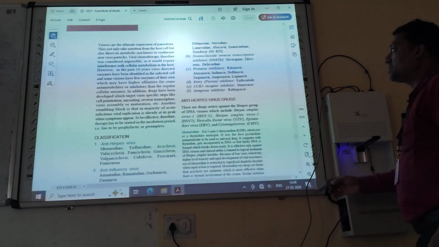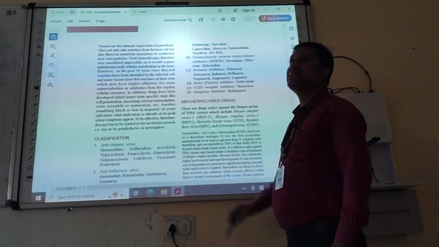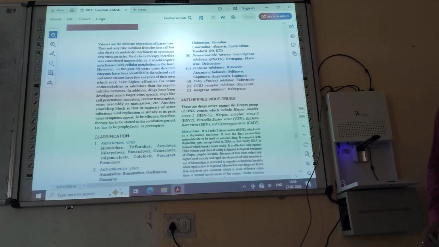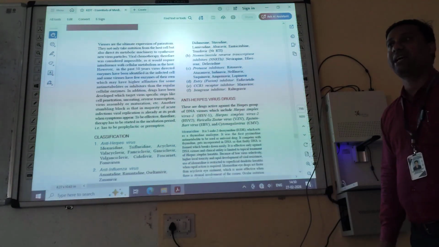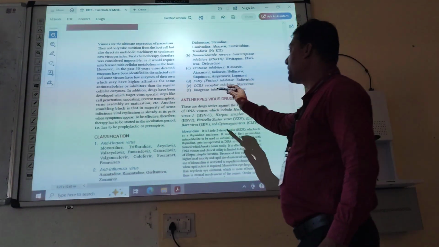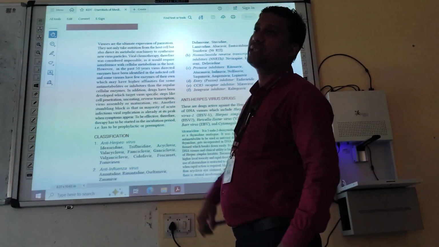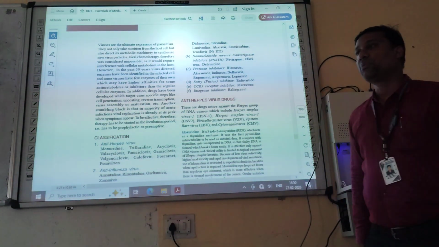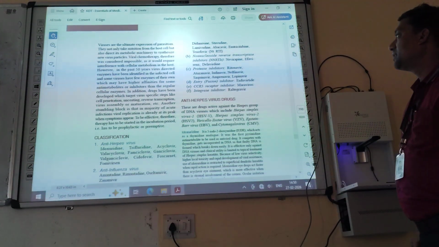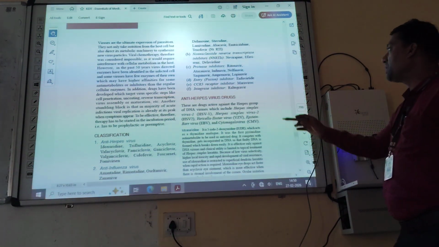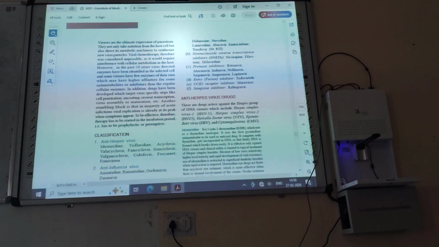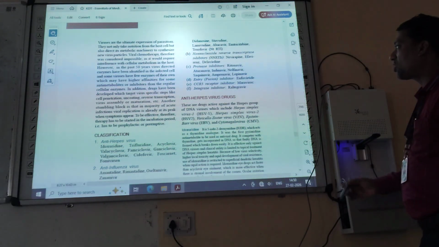CCR5 is the receptor through which the virus enters into the human cell. That's why the inhibitor is there. The CCR5 receptor inhibitor is maraviroc.